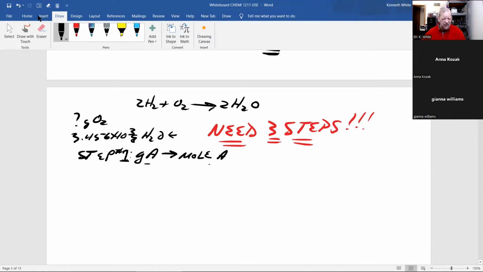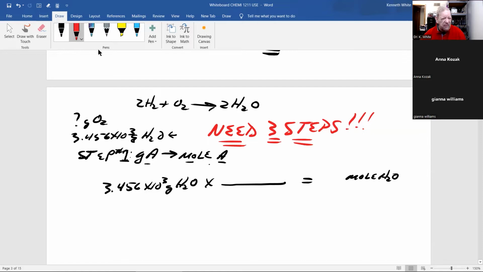Whatever you're given in grams. In this case, it's water. And we want to convert it to moles of A. In this case, that's moles of water.